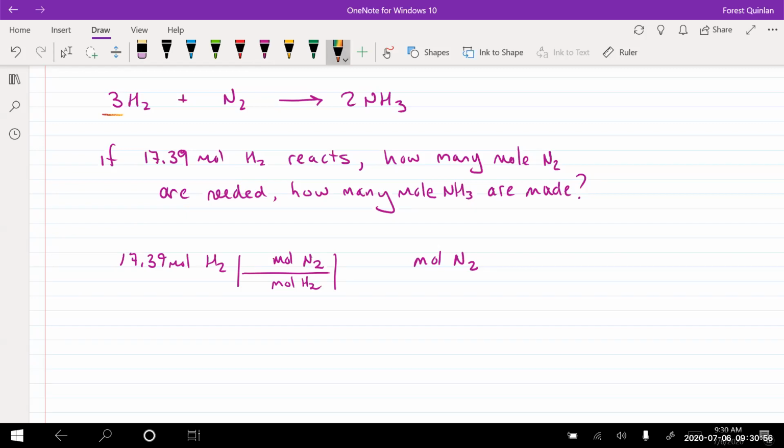And we'll go back up here to the top to see what our molar ratio is. If we go up there, we see that we have 3 hydrogens and we have 1 nitrogen. So at the end of the day, you should end up with 5.80 moles of nitrogen.